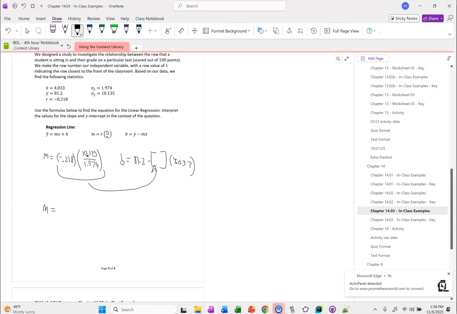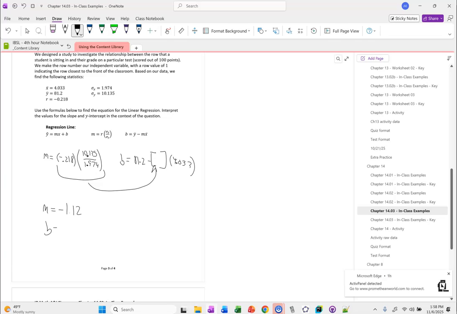135 over 1.974, and then m is equal to negative 1.132. Great, that's 3 sig figs rounded correctly.